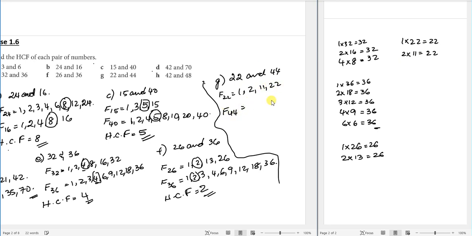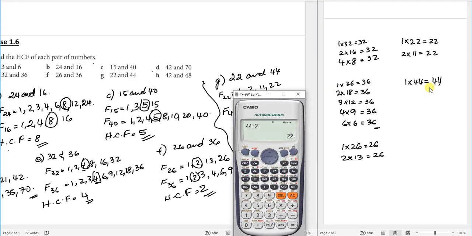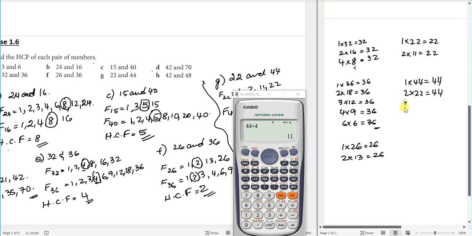F44 is equal to 1 times 44 is equal to 44. 44 over 2, 2 times 22 is equal to 44. 4 times 11 is equal to 44.